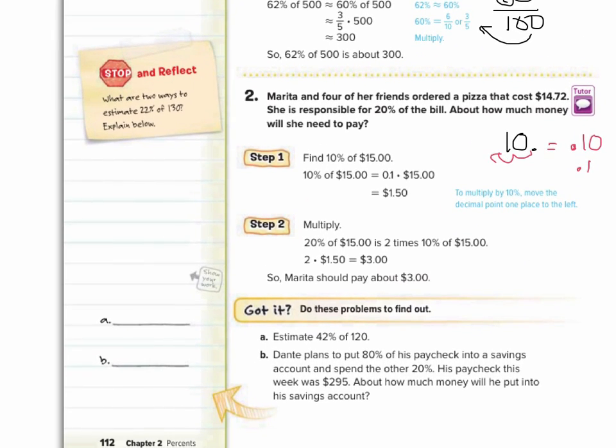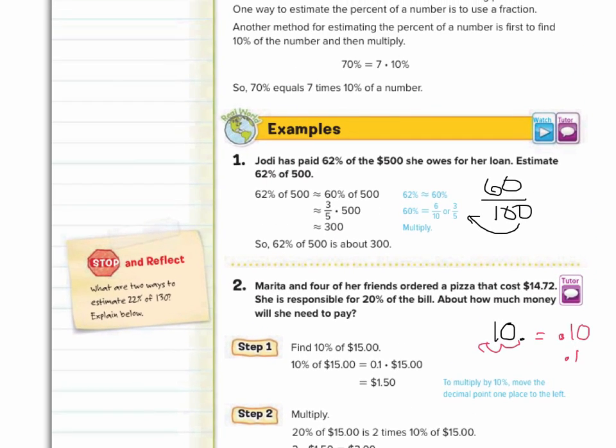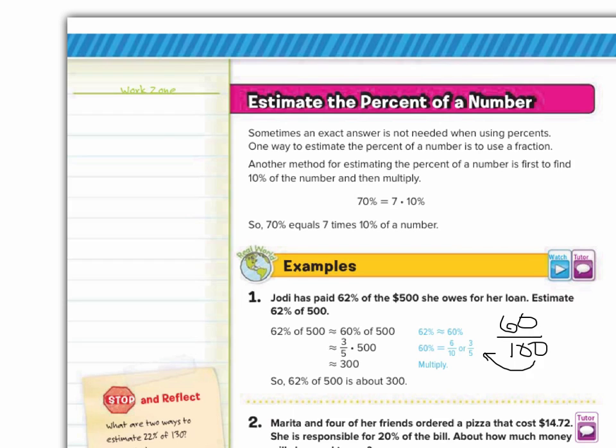Estimate 42% of 120. Well, I'm going to come up here on the top of our work zone to show our work for this. And so for A, if we're looking to do 42% of 120, let's estimate now. Let's find 40% of 120.